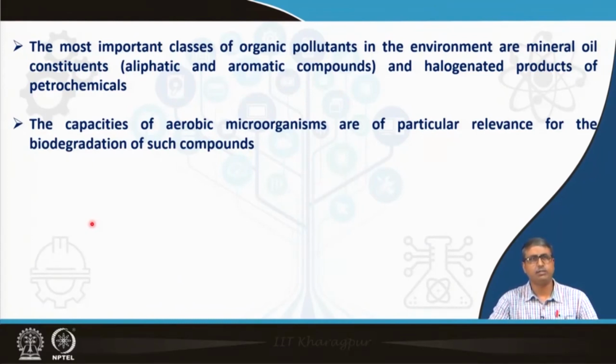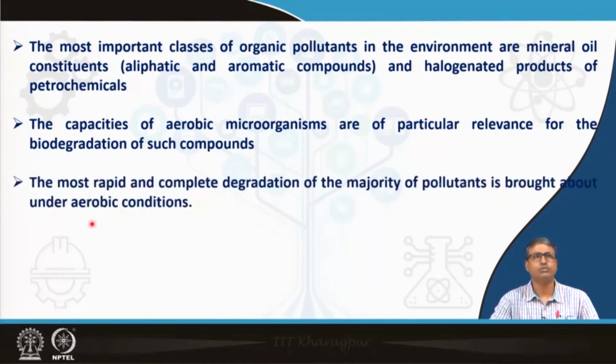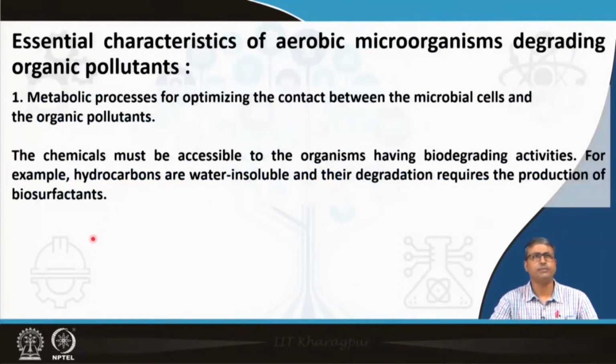When aerobic conditions prevail and aerobic microorganisms are present, they are capable of utilizing oxygen for two purposes that we are going to see. And the most rapid and complete degradation of the majority of the pollutants is brought about under this aerobic condition.